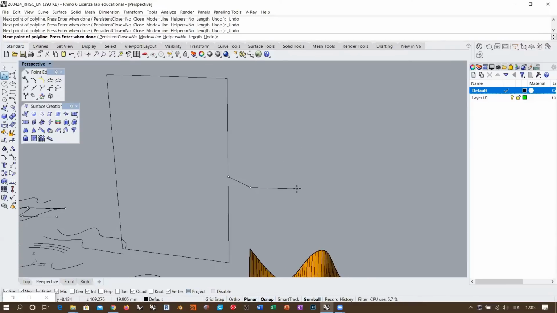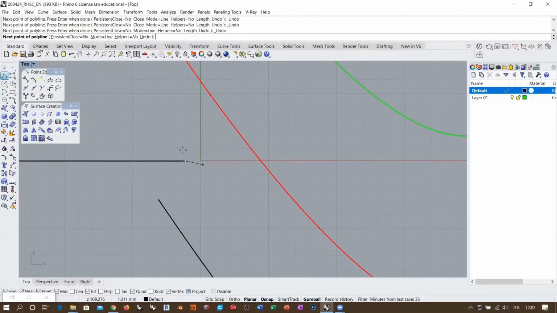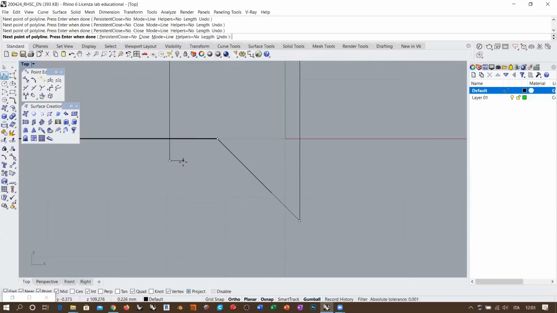Okay. So what I want to do, I go into the top viewport right now and draw around the edge of this rectangle. So I go, for example, out here and then draw this segment, and then this segment, and then start to do something, I don't know, anything. Okay, so I switch to mode arc and I try to do something like this.